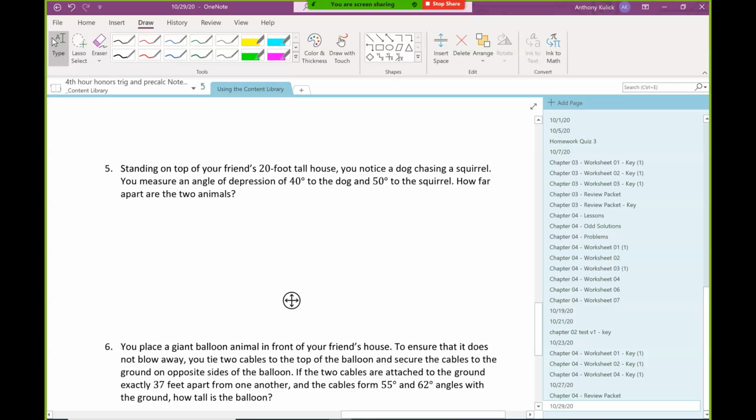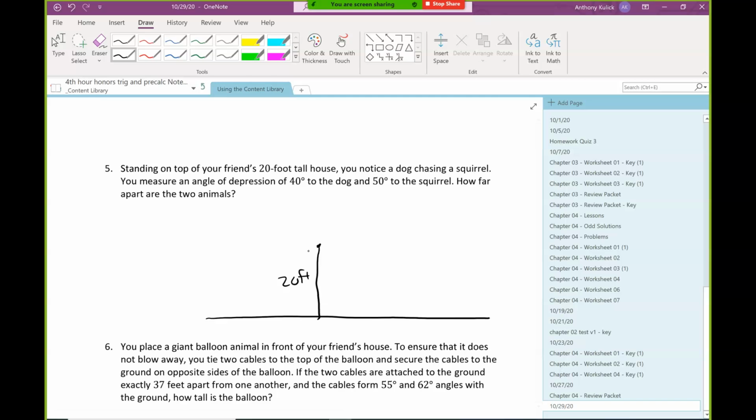Okay, standing at the top of your friend's 20-meter tall house. There's that. You notice a dog chasing a squirrel. So there's the dog.